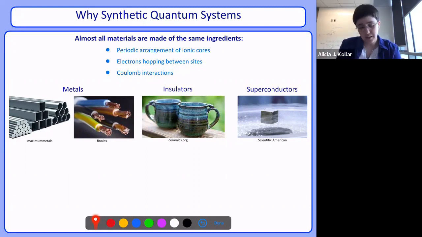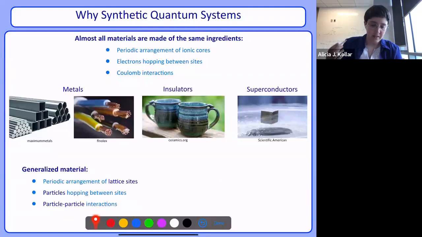But the way that I like to think about this is to take a step back and say that, in some sense, there is a notion of a generalized material that, independent of whether it's made particularly of iron or copper or nickel, has a periodic arrangement of some form of lattice site, particles hopping between the sites, and particle-particle interactions.